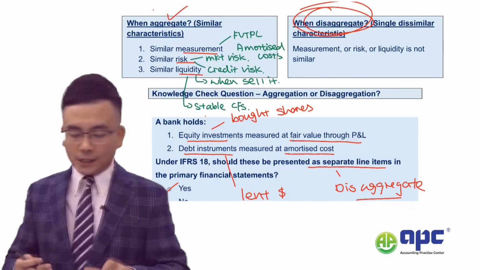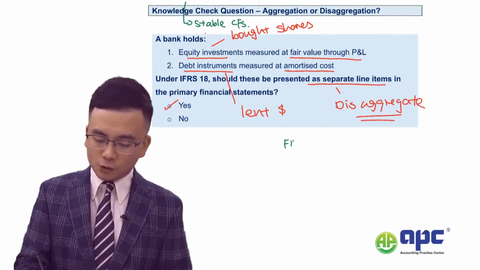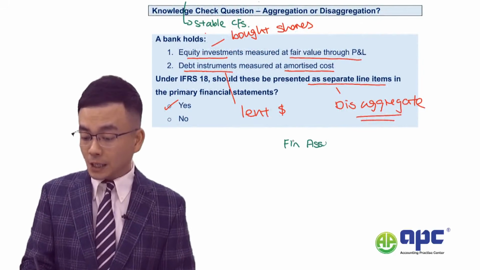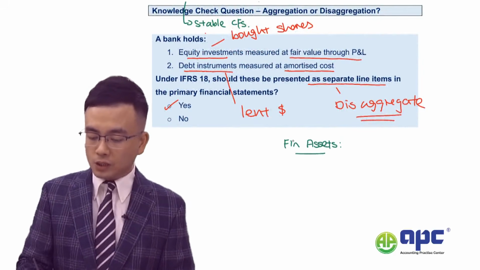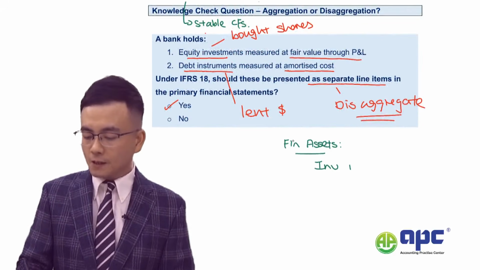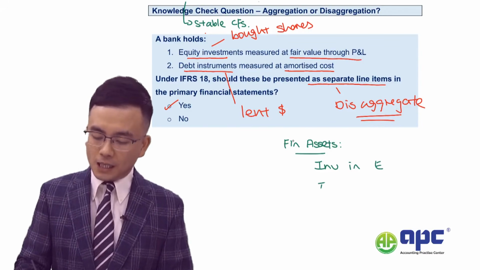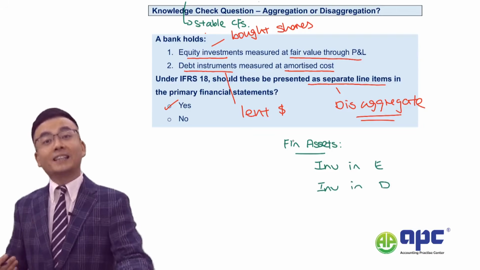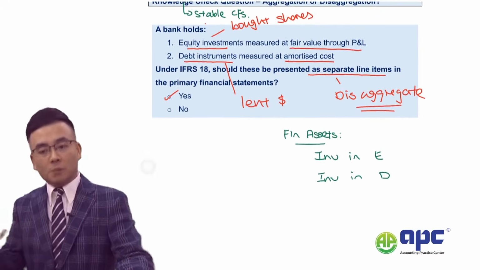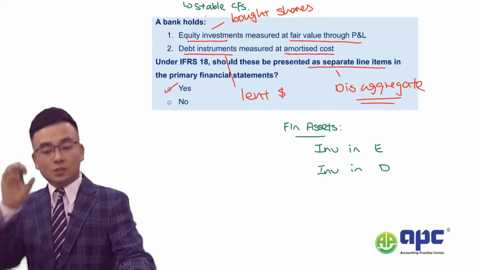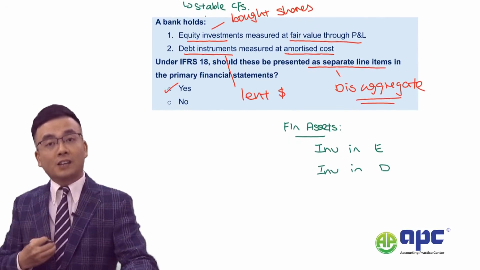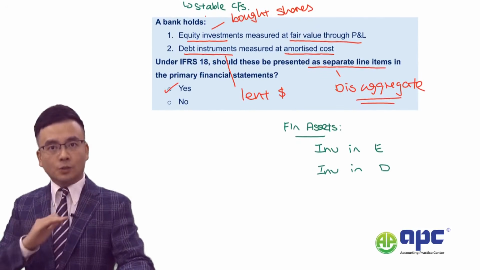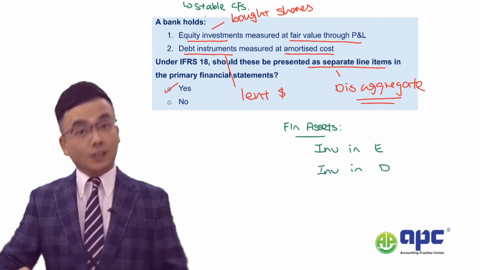Under financial assets, on the face of the statement of financial position, I will need to show them separately: investment in equity instruments and investment in debt instruments, rather than simply telling the investor we'd like to combine or aggregate all of these into a financial asset category. We never do that. Okay, so that's the idea.